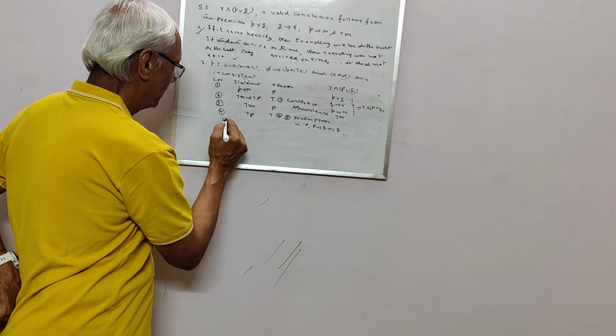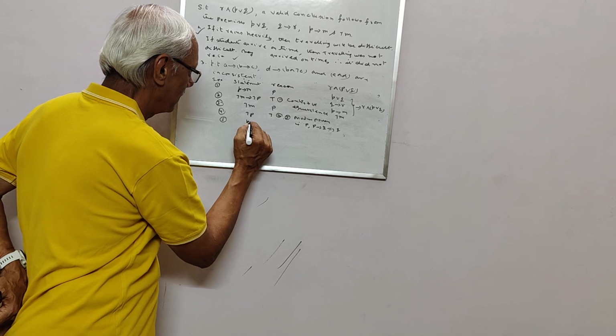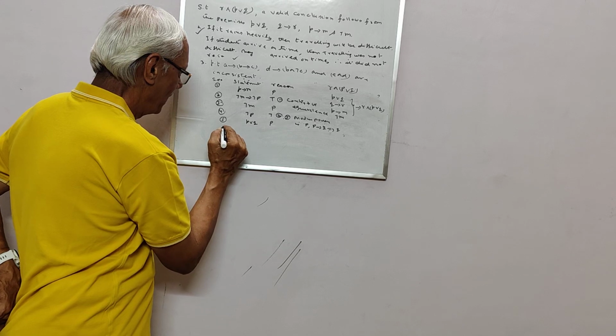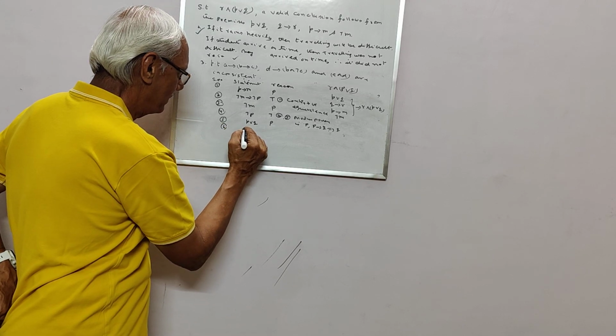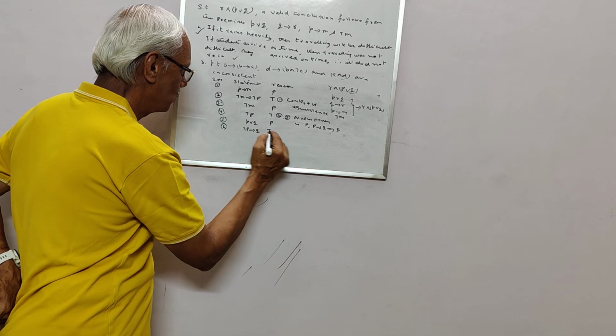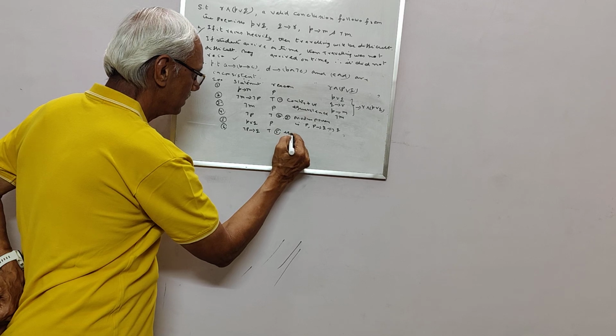Then the fifth one, let me take, what is that I'll write? P union Q. This is your premise. Sixth, I'll write here, this can be written as, this is true and it comes from 5, equivalence.